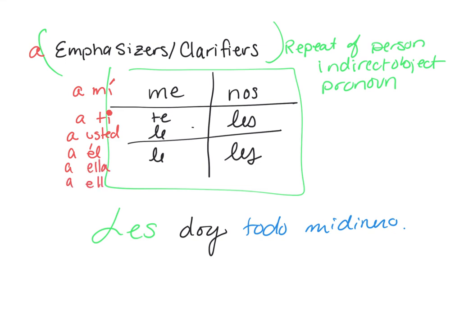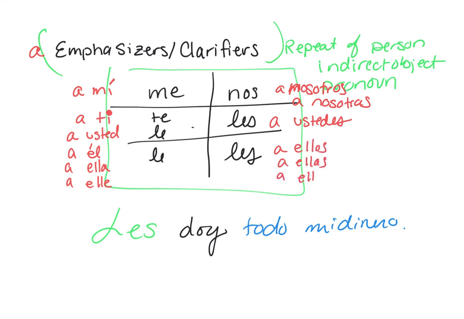For nosotros, it would be a nosotros or a nosotras. For ustedes, a ustedes. And for ellos and ellas, it'd be a ellos, a ellas.